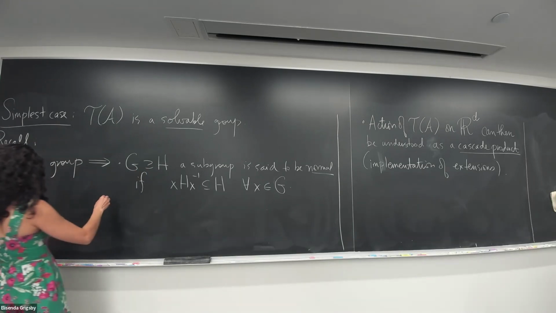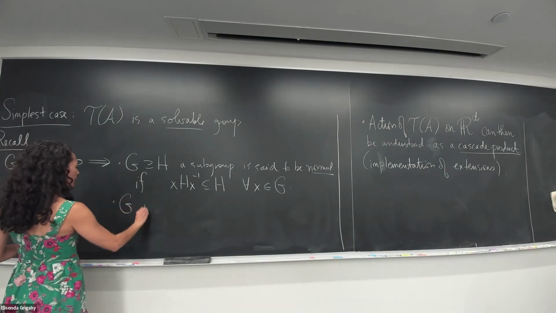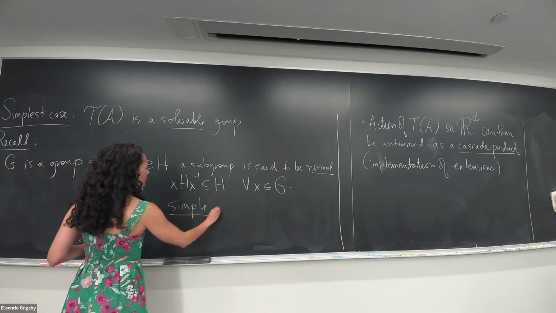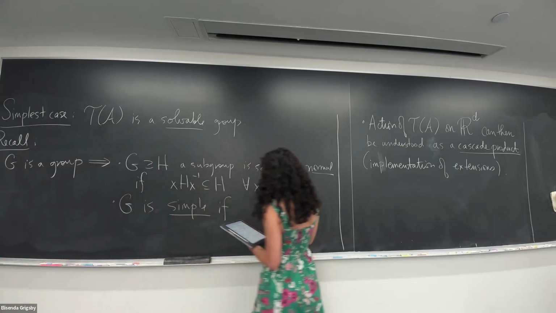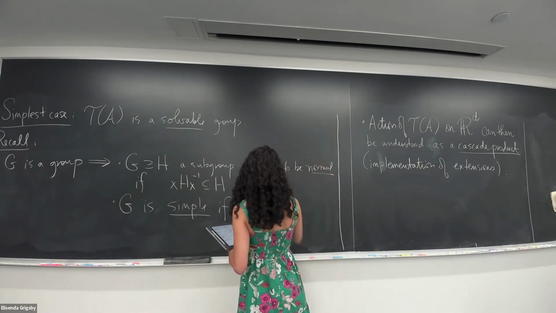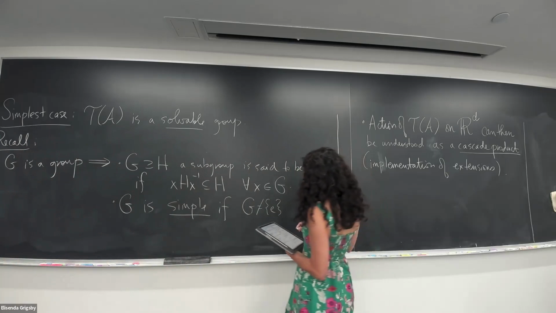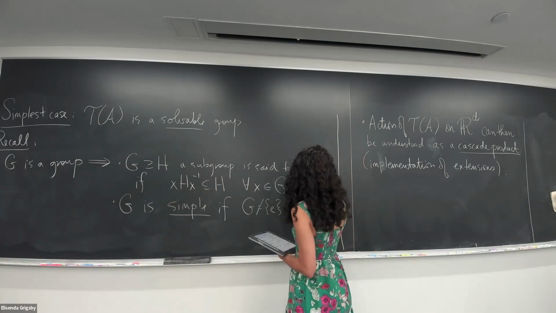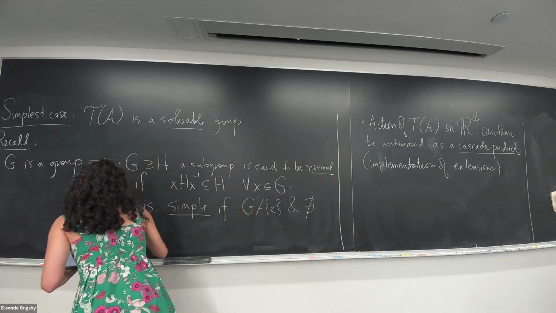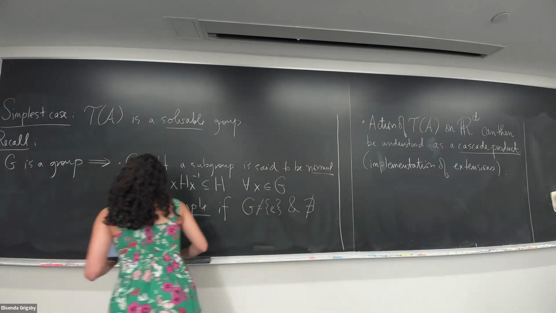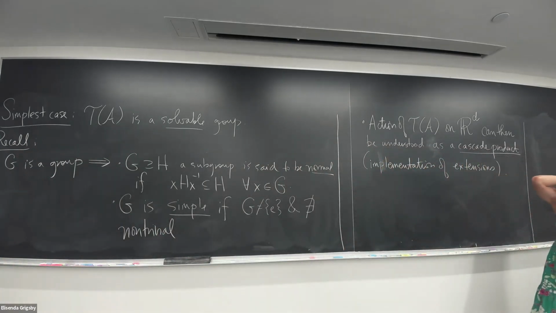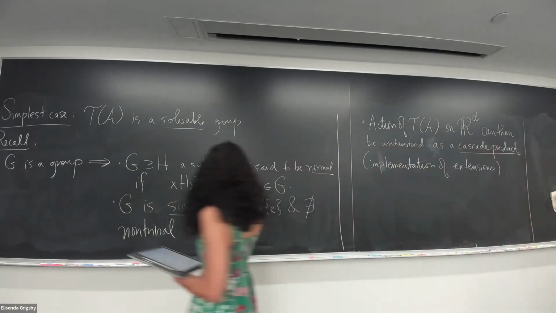And G is said to be simple if G is not the trivial group, and there do not exist non-trivial normal subgroups. I.e. the only normal subgroups are itself and the trivial subgroup.